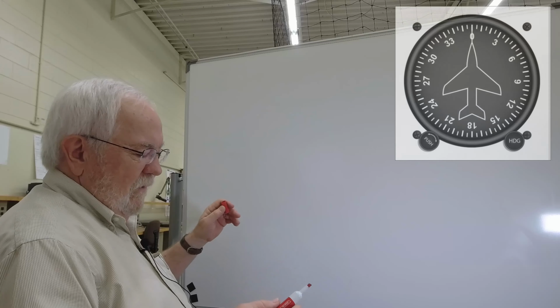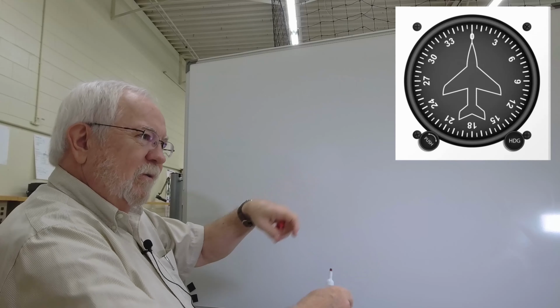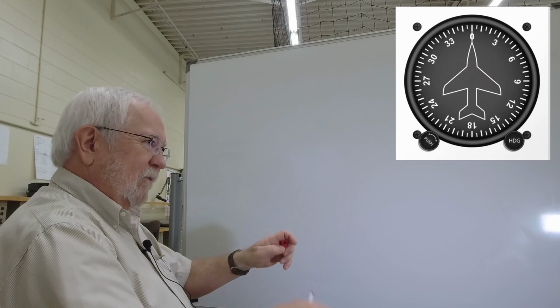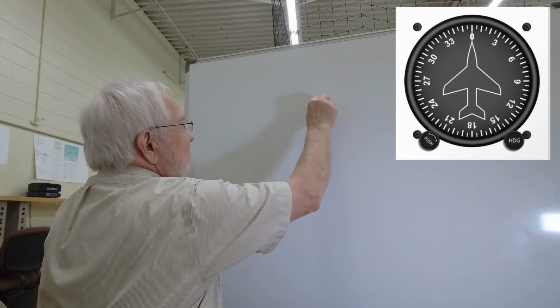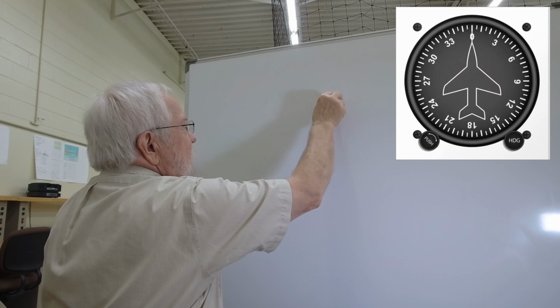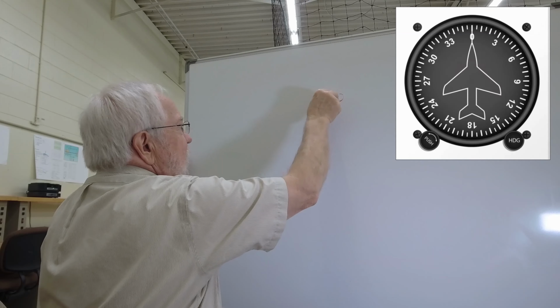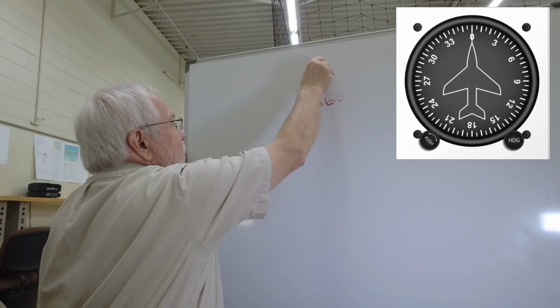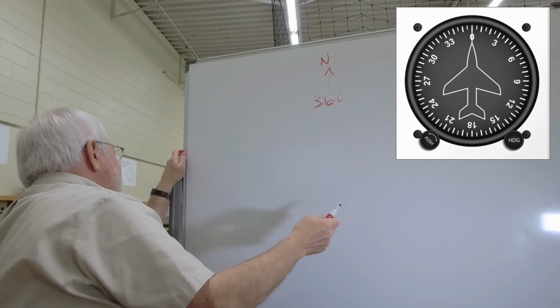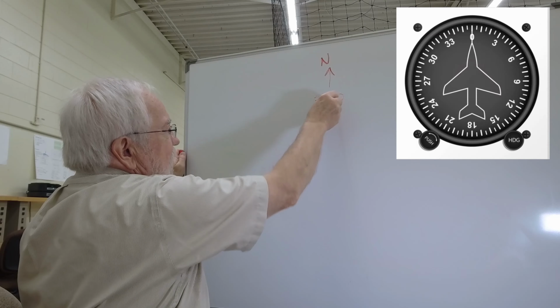So you see the little picture of the compass rose, those are heading numbers, and they're 3 digits. There's 360 degrees. If you're heading your aircraft towards the north, we would call it a heading of 360.